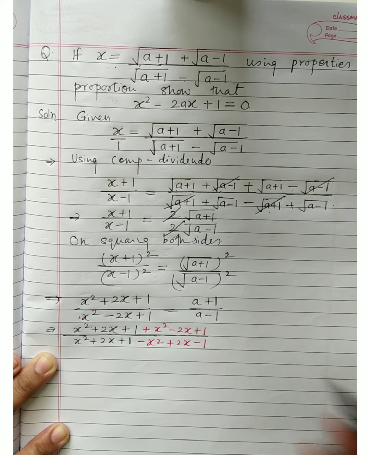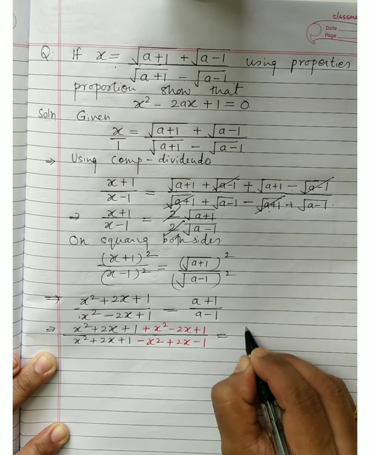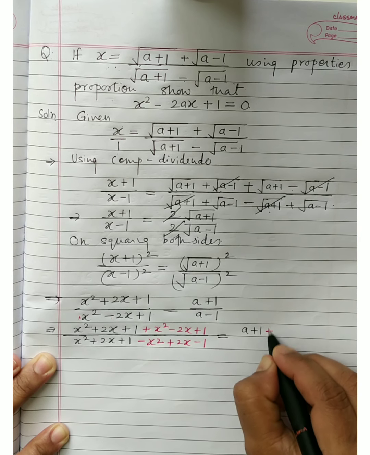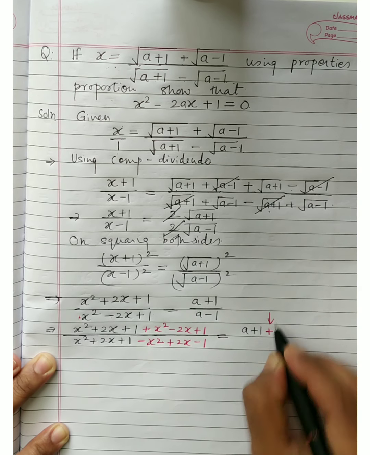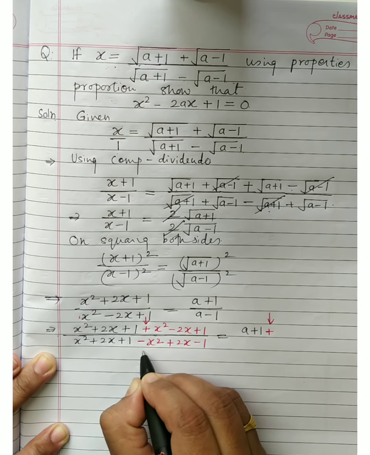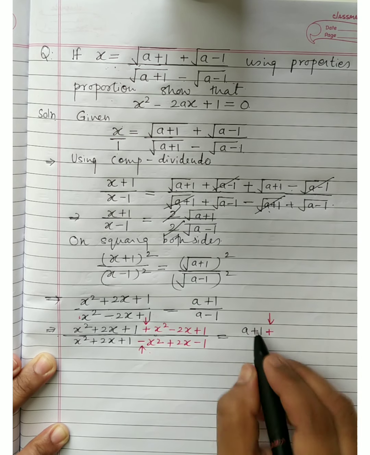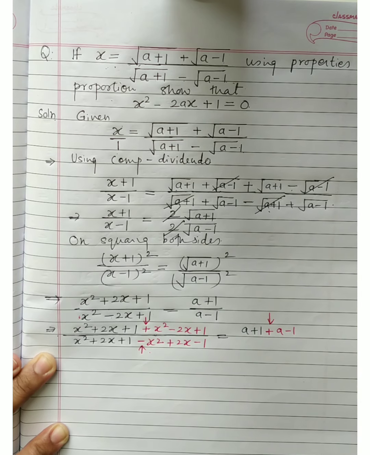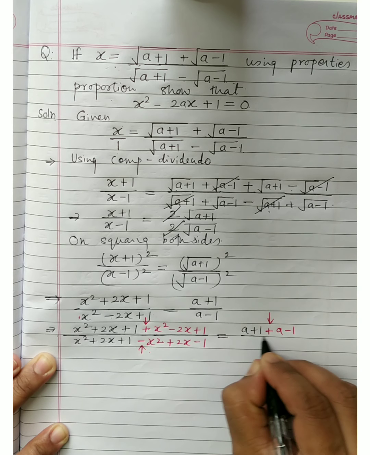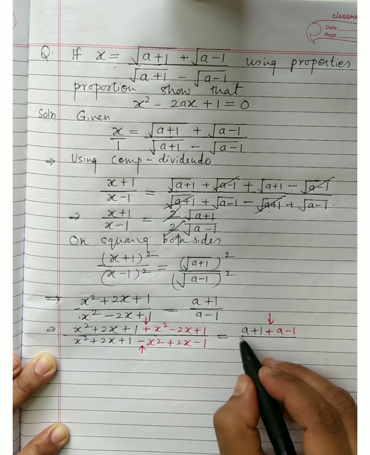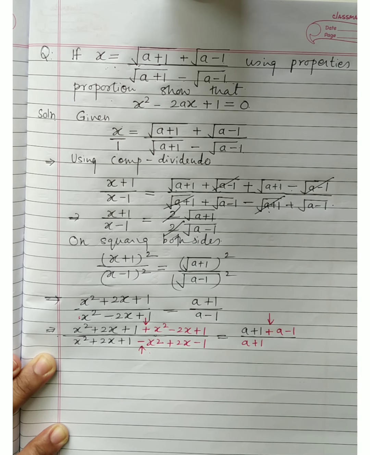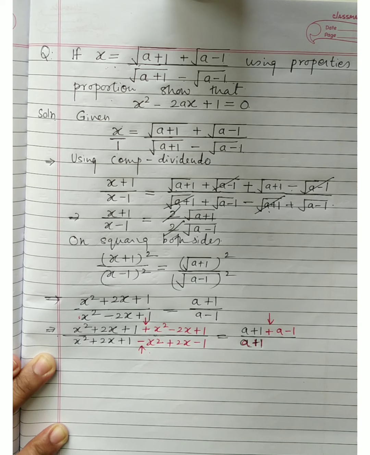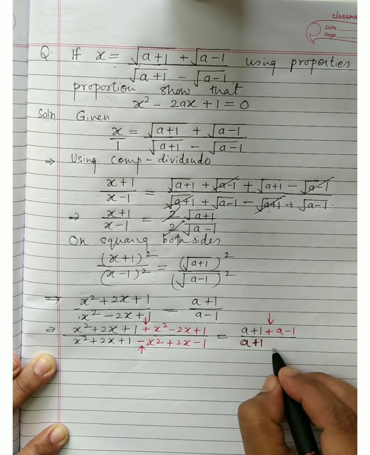Clear? Is equal to, here you see, a + 1 numerator plus, what is our connecting sign here? Plus. What was the connection here? Plus. And second part, what are we doing? Subtraction. So here a + 1 plus a − 1, the denominator added there. Again numerator a + 1, and when you subtract, what will it become?